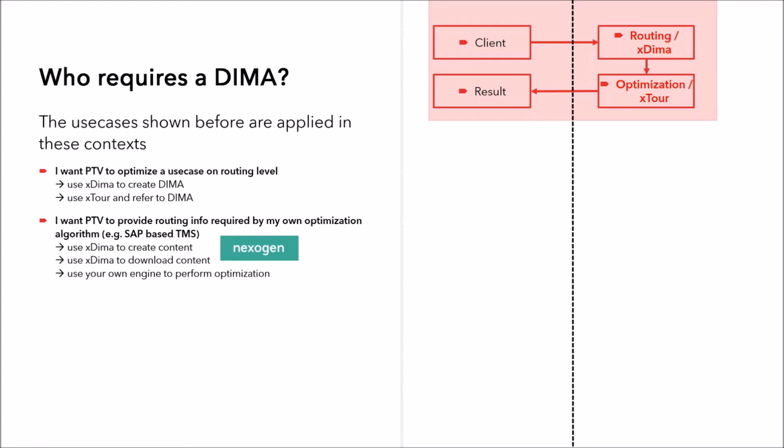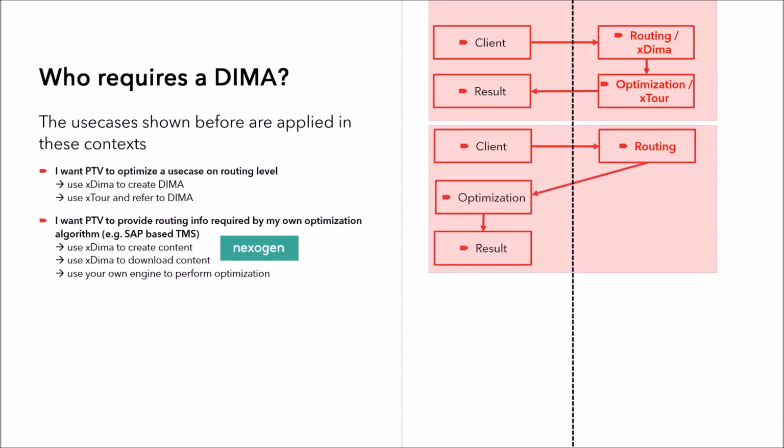But what they don't have in their portfolio is an own distance matrix calculation or distance calculation. So for them, it's important that they produce a distance matrix on our services, consume the values of driving times and driving distances on their clients, and then apply their optimization tasks through their own engine.